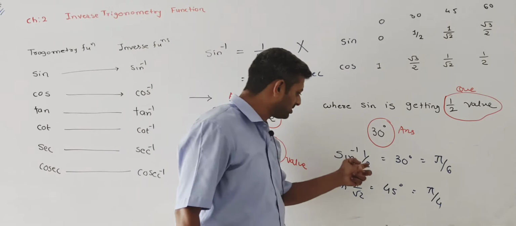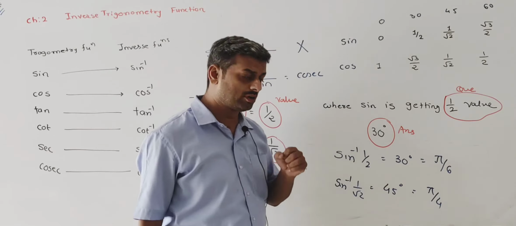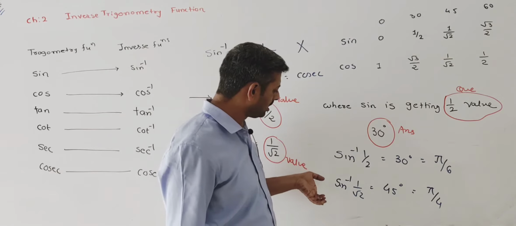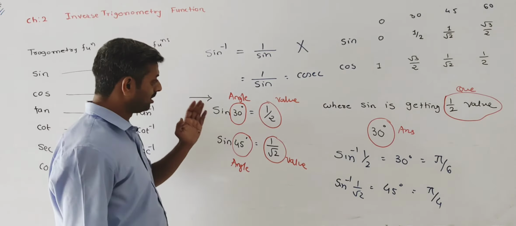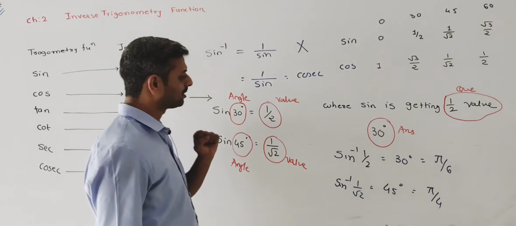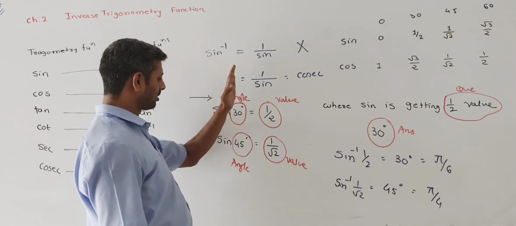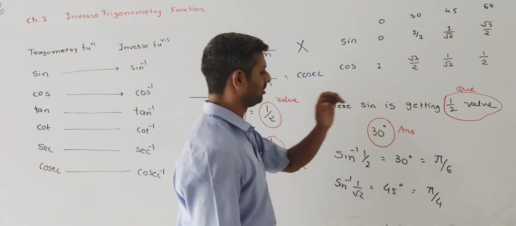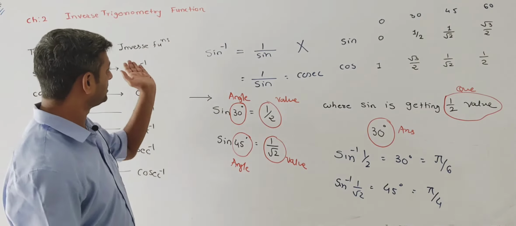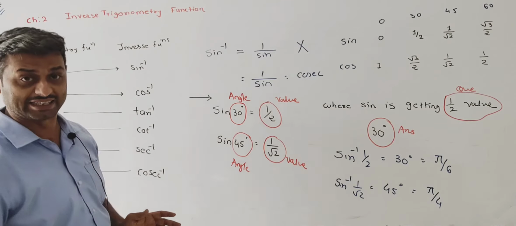Here the question is value and the answer is angle. That is your inverse function. What was your answer becomes the question, and what was your question becomes your answer. Inverse means a reverse process.